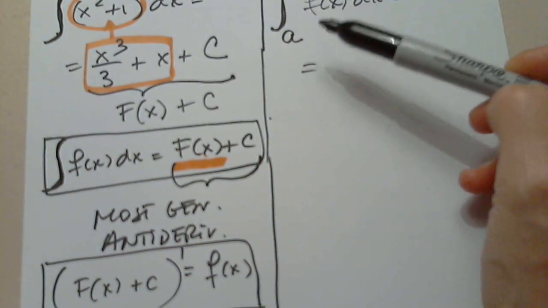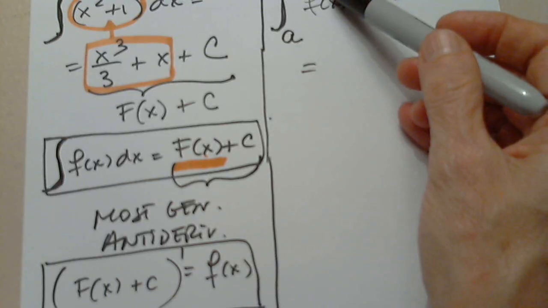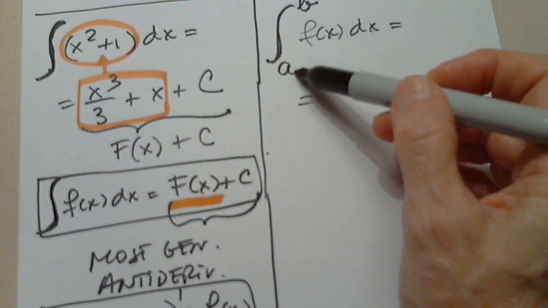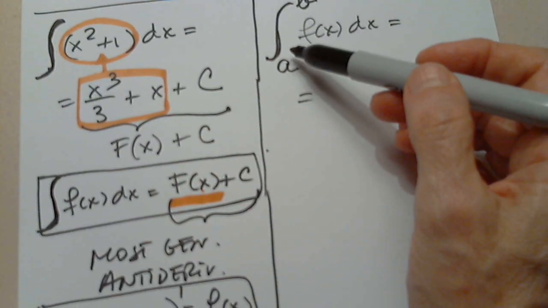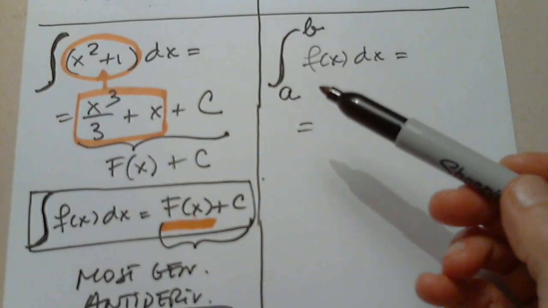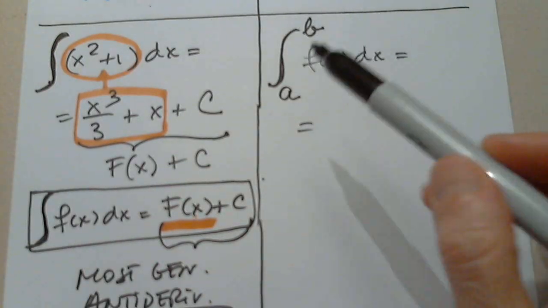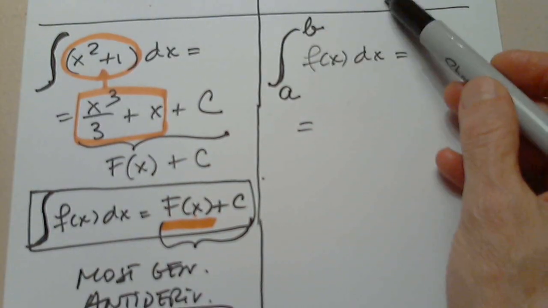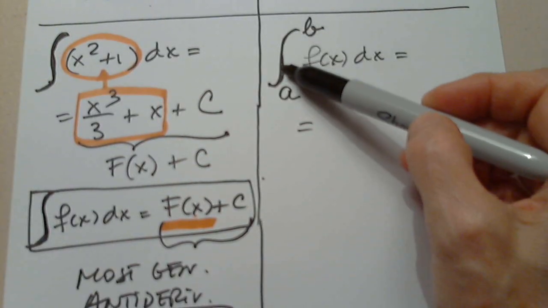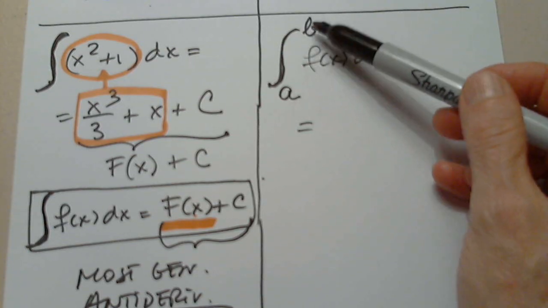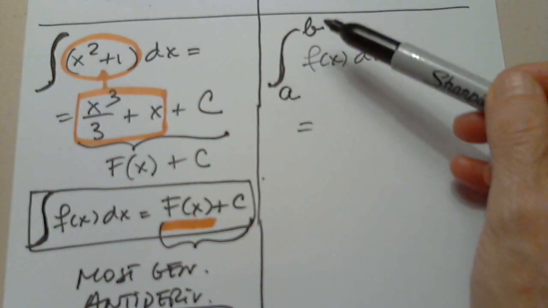So again, how do we read this? a and b are limits of integration. It doesn't mean that these two numbers have anything to do with the limits that we've been looking at for two months. No. It's just that we use the same word. So the definite integral has limits of integration, the lower limit and the upper limit.